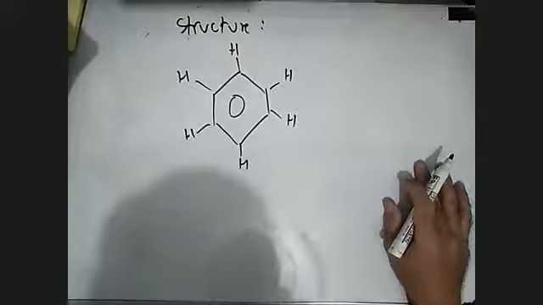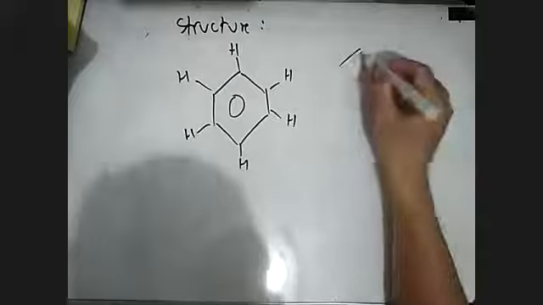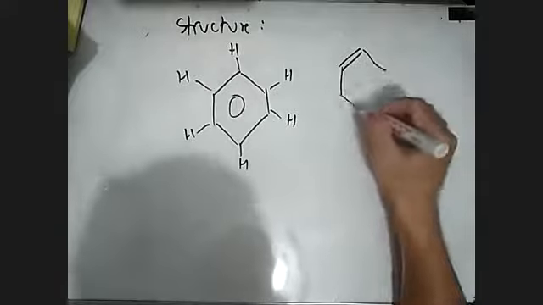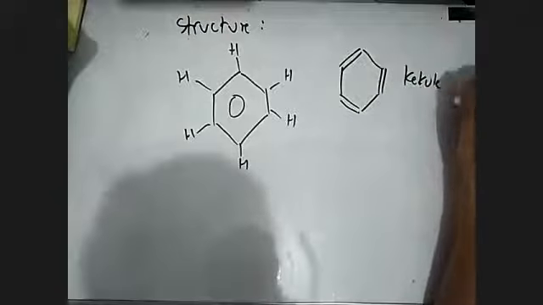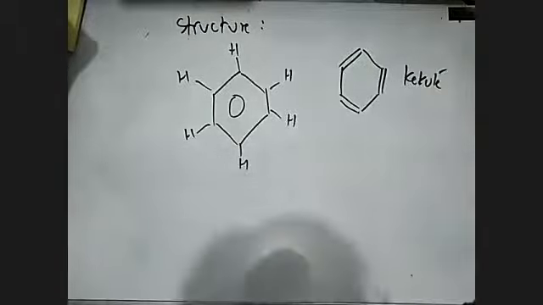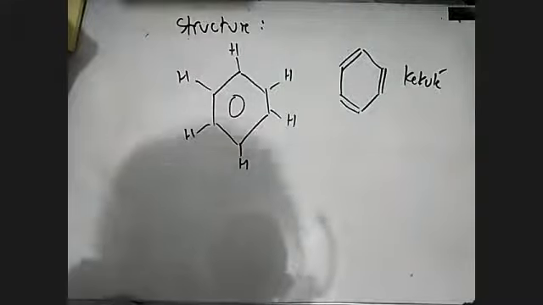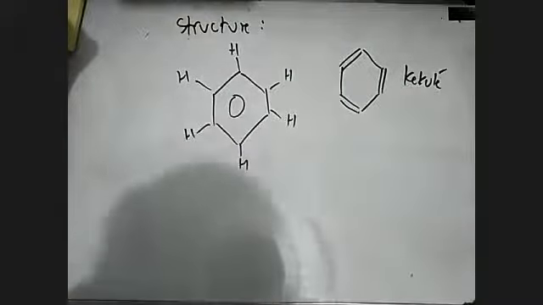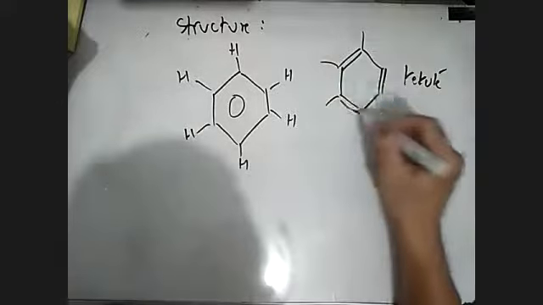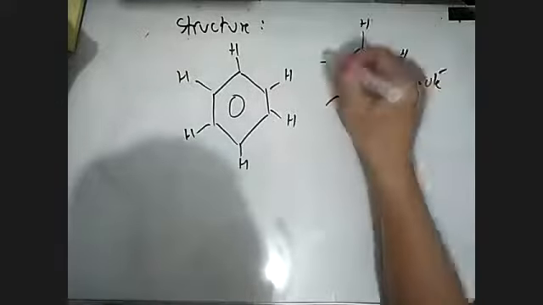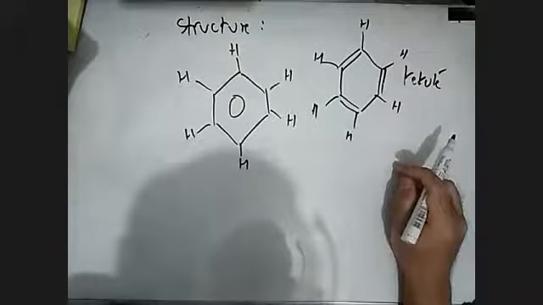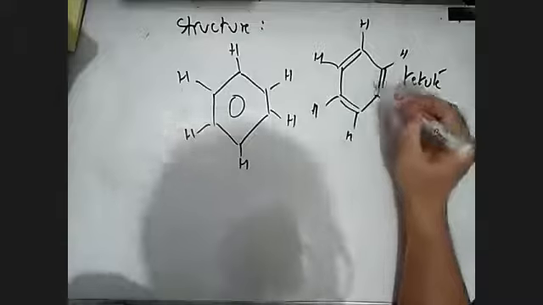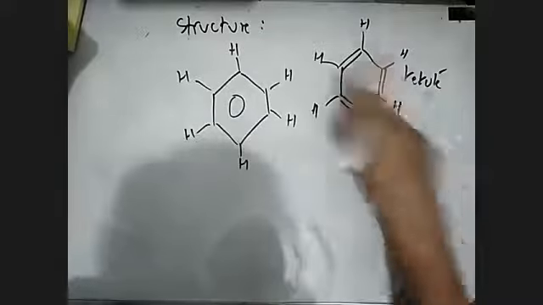In the past, we saw benzene with a Kekulé structure, which comes from the German who gave the first possible arrangement of benzene. So in the Kekulé structure here, benzene is thought to have 3 double bonds and 3 single bonds.